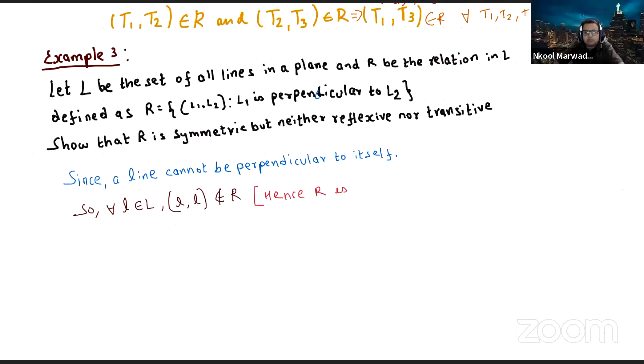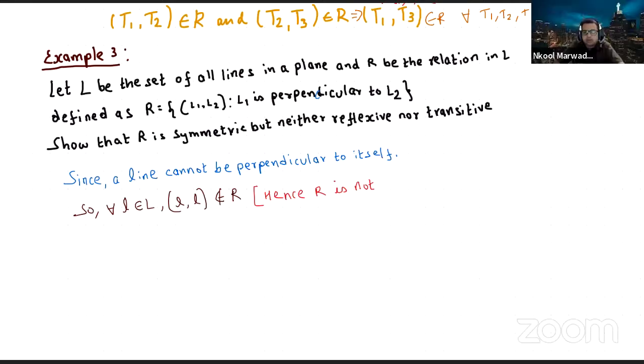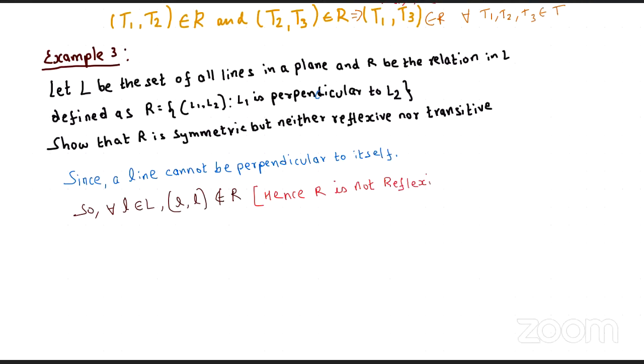So this mathematical terminology which I have used, let me know if you have any problem understanding it. L belongs to capital L, the set, so small l is the element.